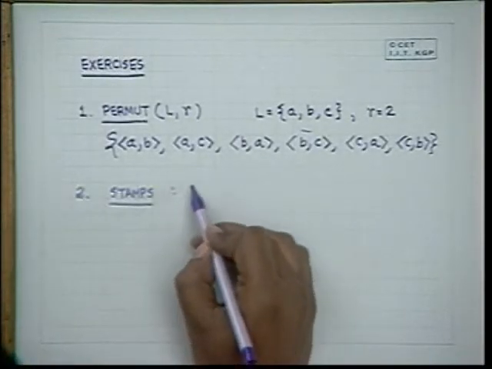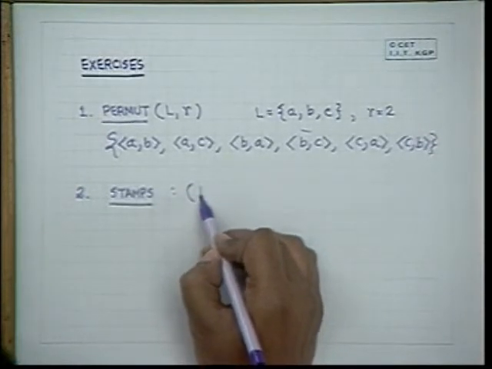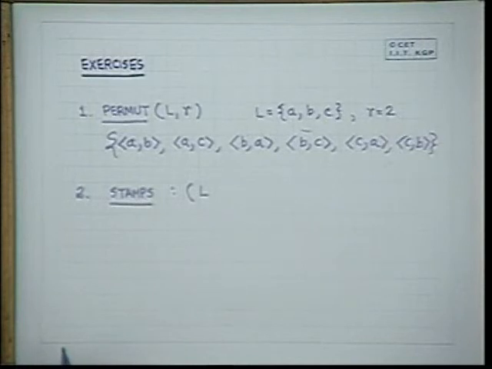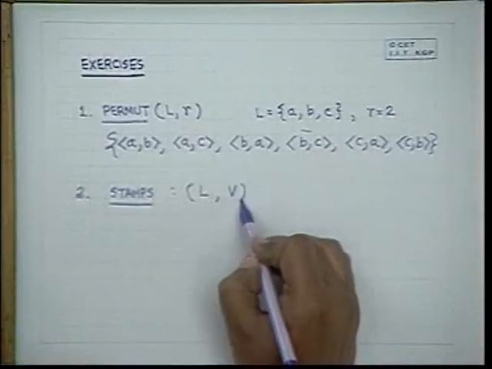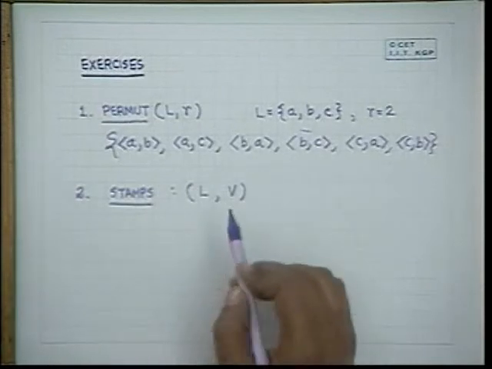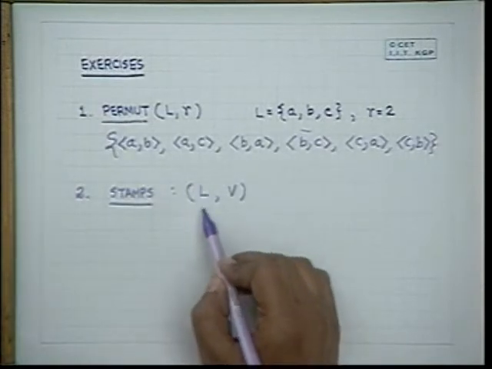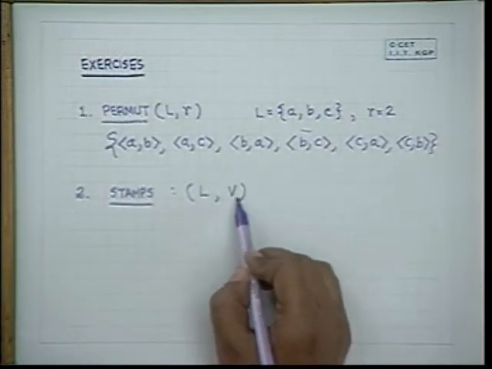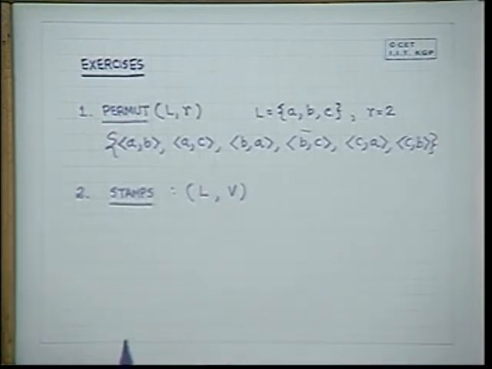So you are given a set of stamp values L, and you are given a value V. All right. Now you are to find out a set of stamps which make exactly the value V.